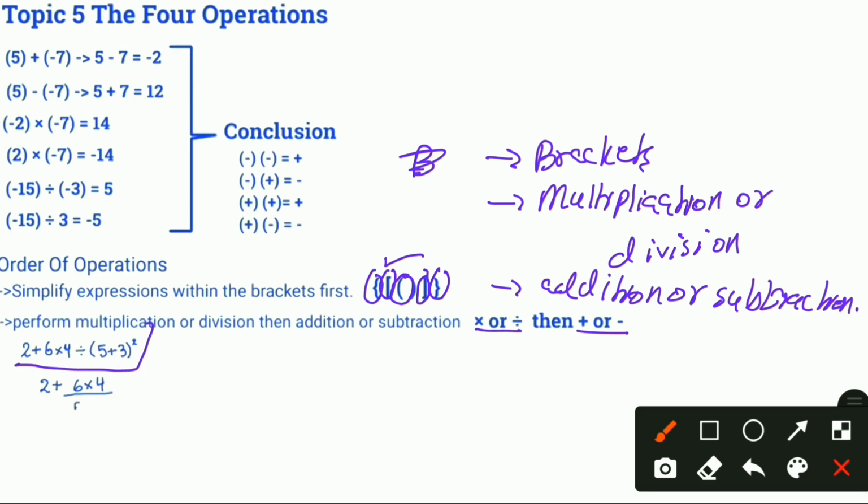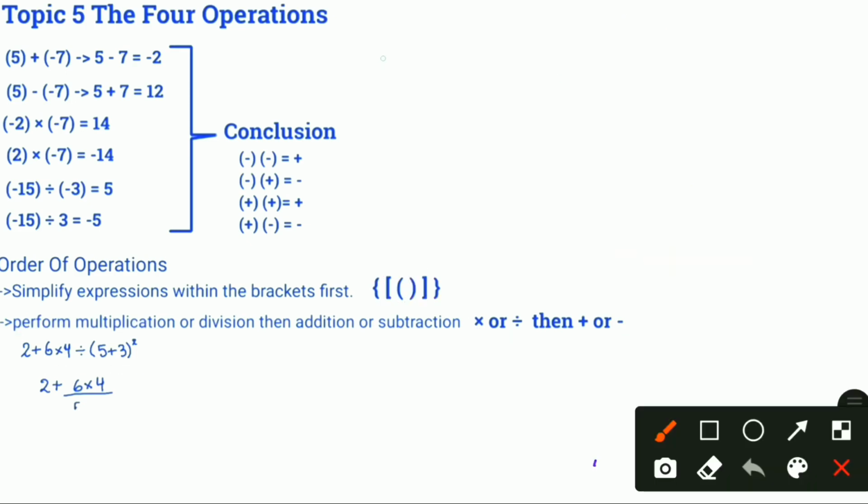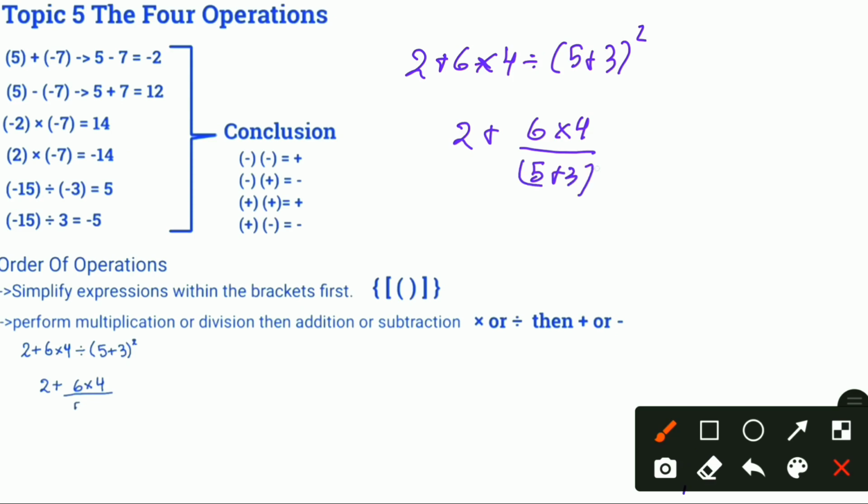Right now let's say that we have this equation and we need to solve it. So I'm just going to solve this. 2 plus 6 multiplied by 4 divided by 5 plus 3 to the power 2. Write it down: 6 multiplied by 4 upon 5 plus 3 to the power 2. 6 times 4 is 24, so it's going to be 24 upon 5 plus 3. 5 plus 3 is 8, 8 to the power 2 is 64.